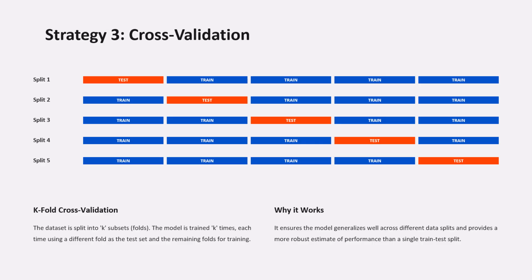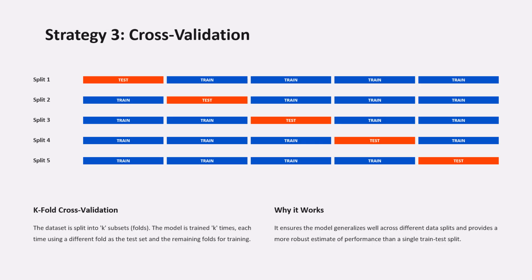We might be lucky one or two times, but if we have multiple folds with both training and testing splits, it forces the model to prove it can generalize across all the different subsets in our data. This gives us a much more stable and trustworthy estimate of how our model will perform in the real world.